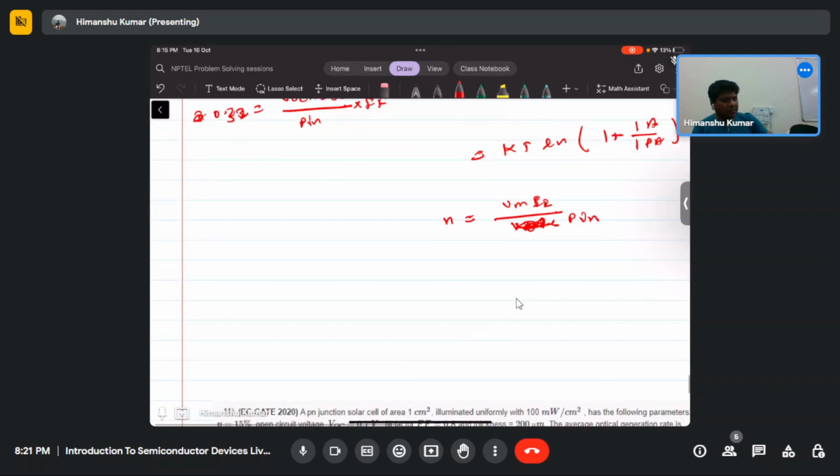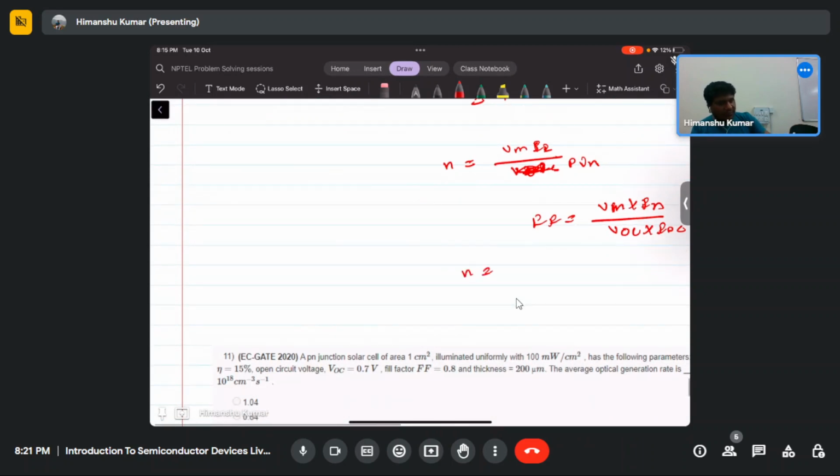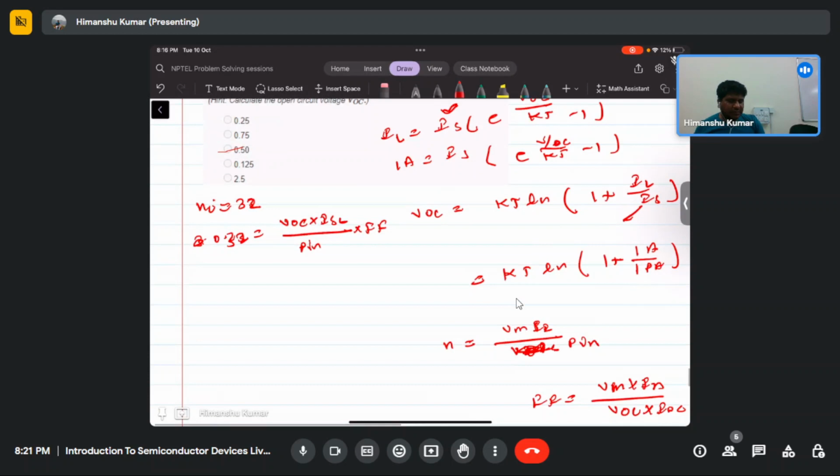Now you know the fill factor is V_m multiplied by I_m divided by V_OC multiplied by I_SC. So V_m times I_m you can put as the fill factor multiplied by V_OC multiplied by I_SC, divided by power input. Then you will reach this equation.